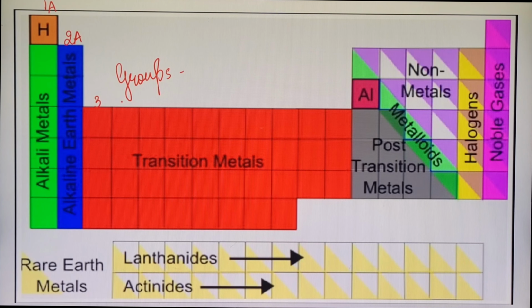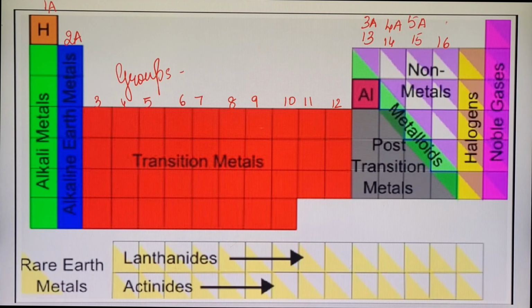This is group 3, 4, group 5, group 6, group 7, group 8, group 9, group 10, group 11, group 12. This is called as group 13, or we call it as 3A. This is called as 14, or it's called as group 4A. This is group 15, we also call it as 5A.